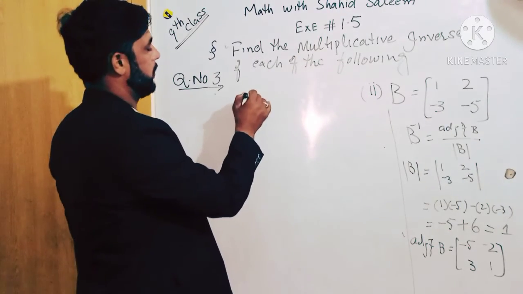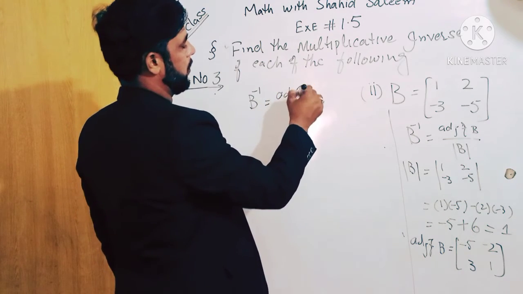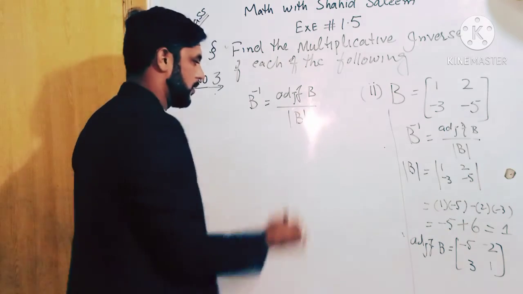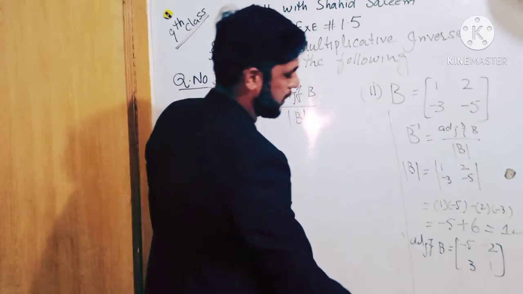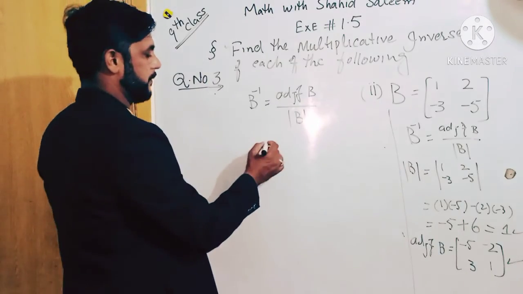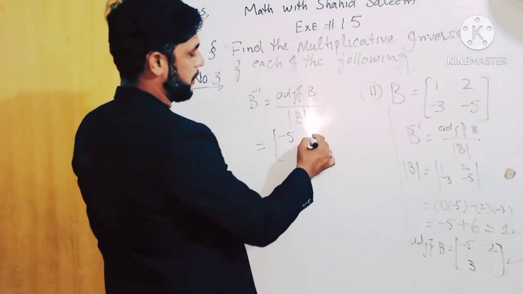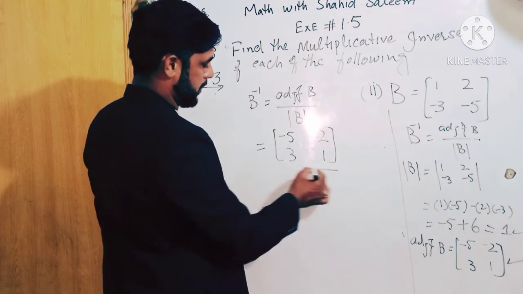So putting this value in the formula, we get B inverse equals adjoint of B over B mod, and B mod is 1 and adjoint of B is this. Putting these values, [-5 -2; 3 1] over 1.